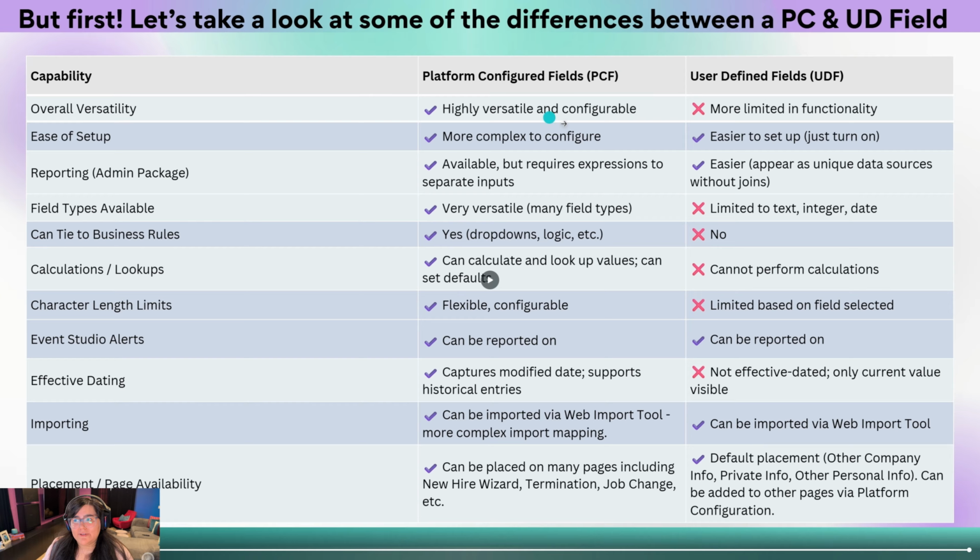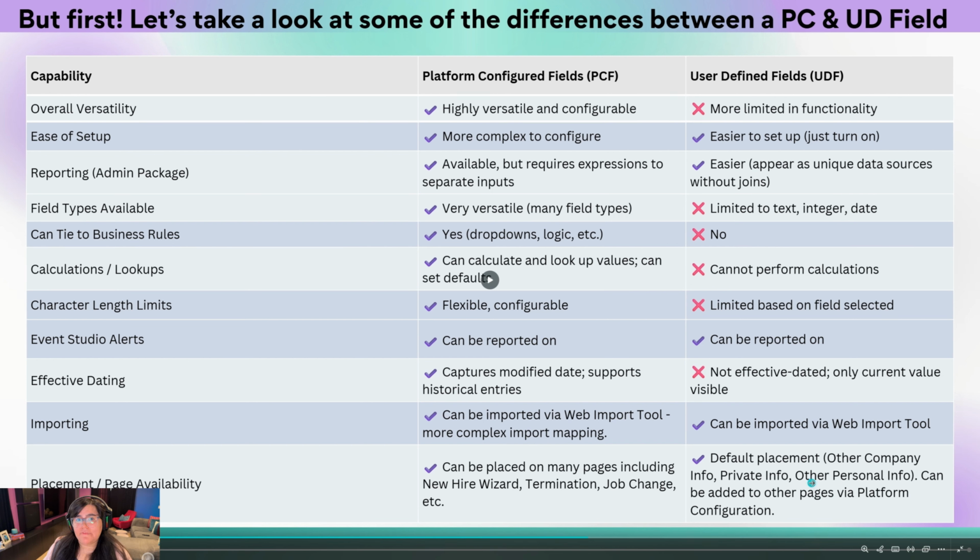Whereas PCF fields require a little more advanced reporting knowledge to be able to report or trigger alerts from them. User-defined fields are built into the package most of the time, so you can just pull them into a report. They're in most of the packages, so it's a lot easier to add them to your reports. And Event Studio, it's in there as well and can be imported or updated in the web import tool.